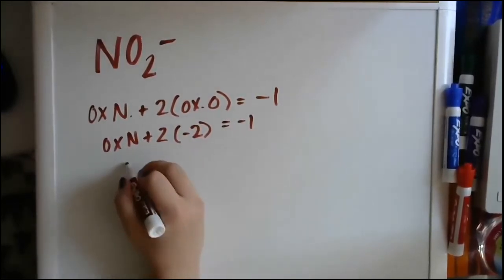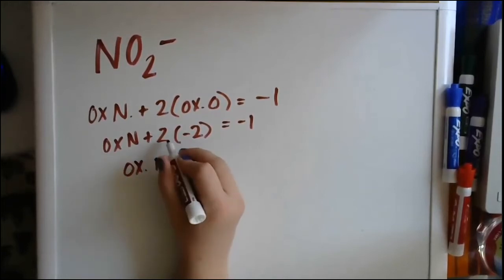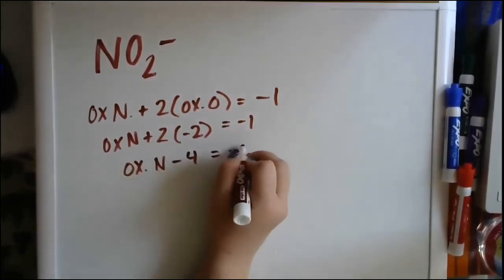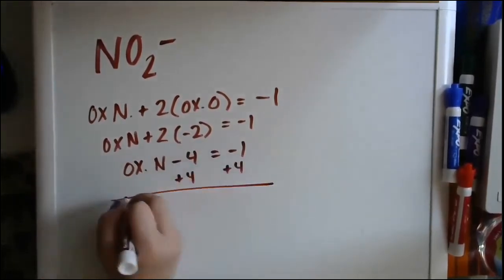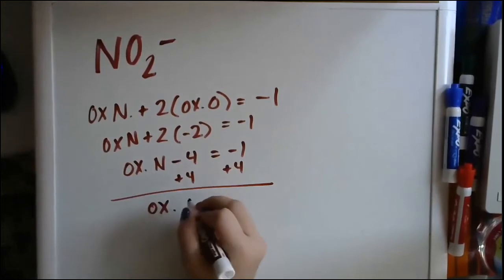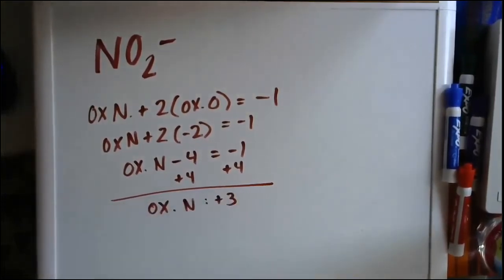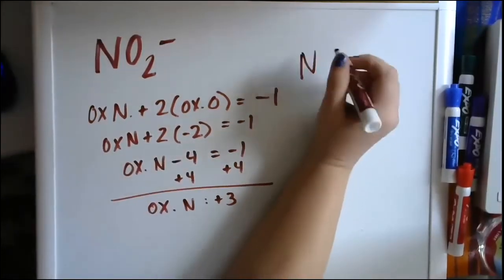Okay, I'd like to turn this into a little algebra problem. I think it makes sense. 2 times -2 is -4. So the oxidation state of nitrogen in this case is +3. Okay? So that is how we find the oxidation states of atoms that are in polyatomic ions.